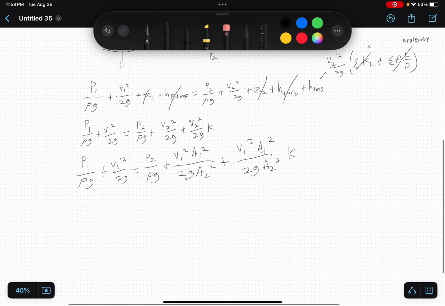Okay, now we move the velocity terms, so this term and this term, to the left side, and the pressure terms, so those two, to the right side.